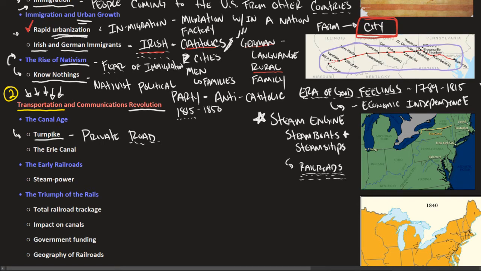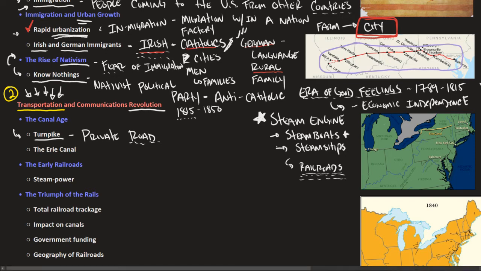And that really changes the game. Most importantly for steamboats and steamships, because what these can do is they're powerful enough to sail against the current of rivers, right? So if you look at probably the most important river in the United States, the Mississippi River, since the beginning of time, people could literally only sail one way down the Mississippi, and that was down it to export goods.